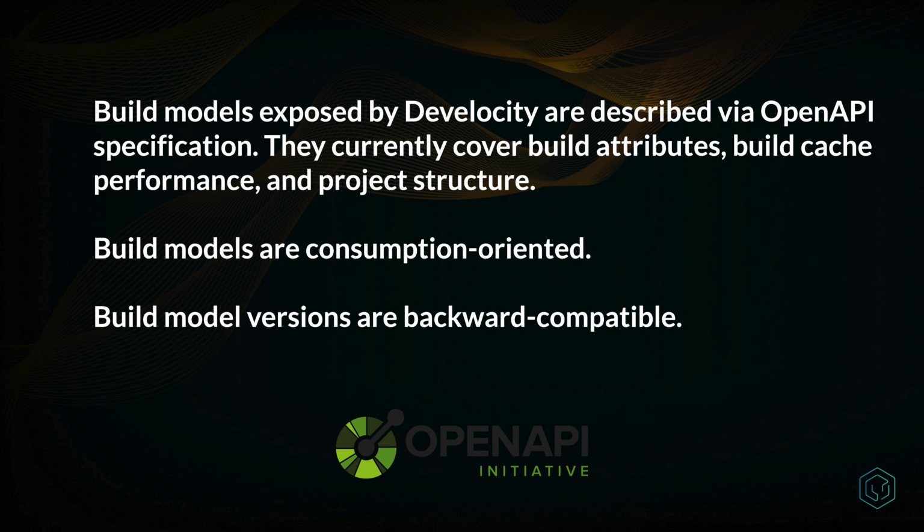You get very far with those already. Those build models are very consumption-oriented, right? So compared to the raw event data that we also expose, those are really meant for others to consume, other tools, or even something you write manually. Those build models are backward compatible, so as we release new versions of Gradle Enterprise, the existing models can still be read, right? We're only adding things, we're not removing things.